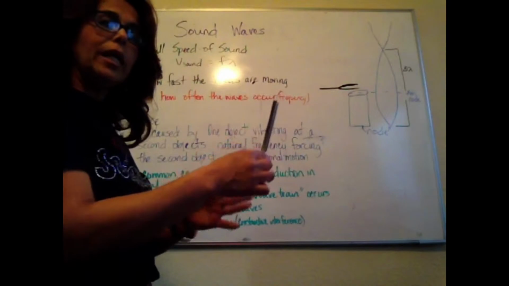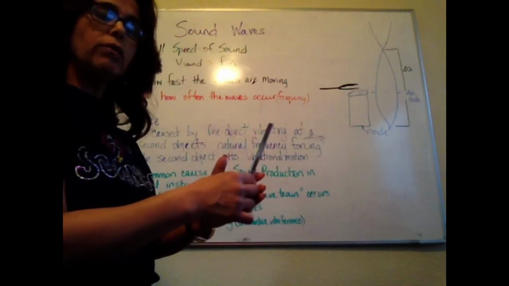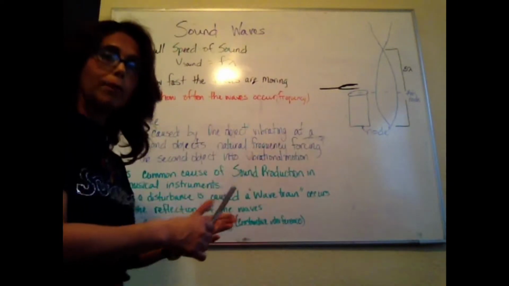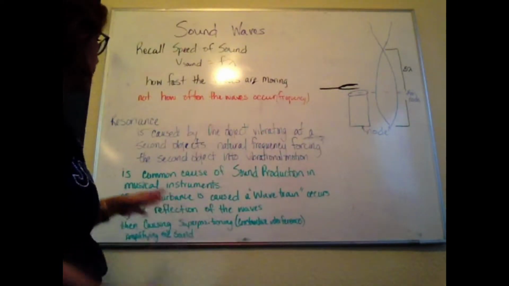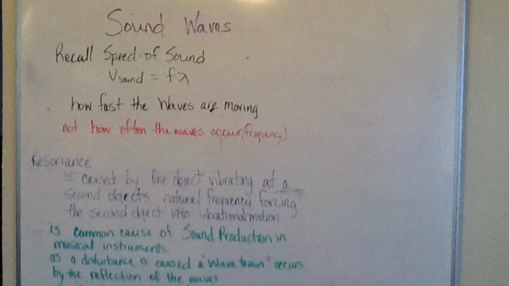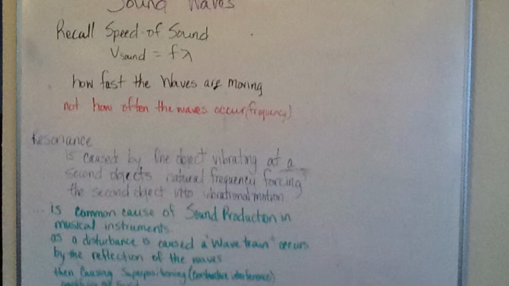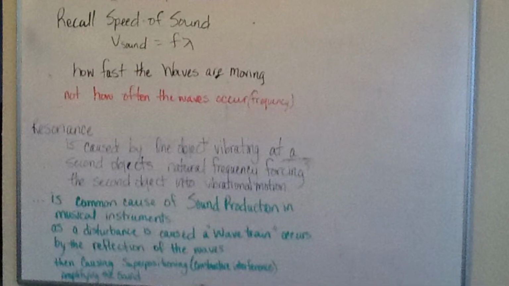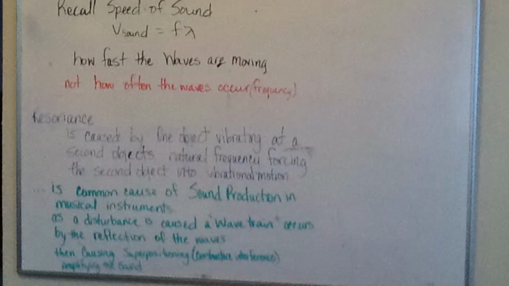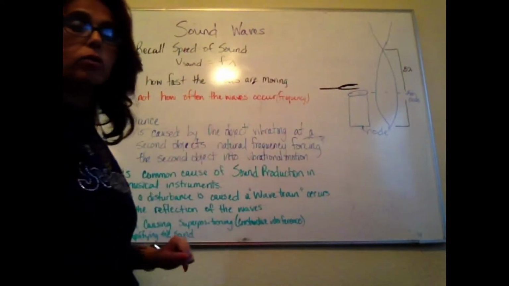But if I put it against some other material and it transfers its vibration to the other material, we may be able to hear that sound. The reason is that we can get one object vibrating at the second object's natural frequency. If the second object starts vibrating as well as the first object, it's going to force that second object into vibration.